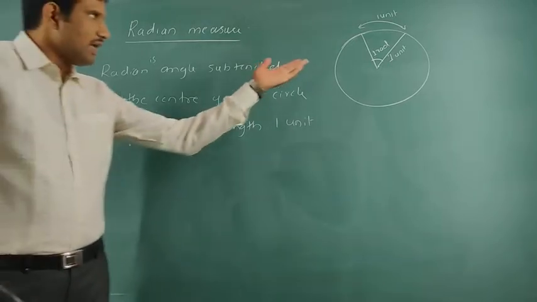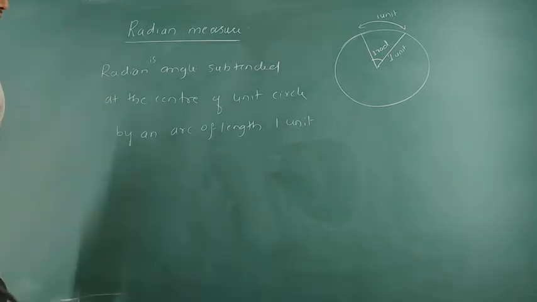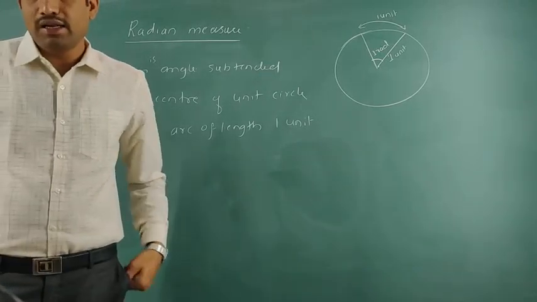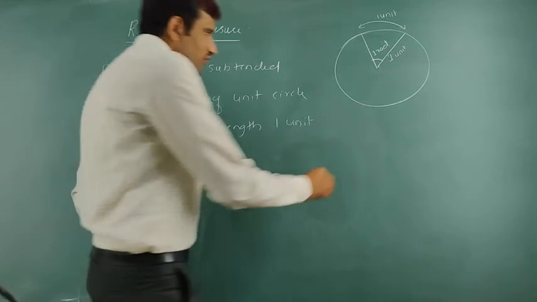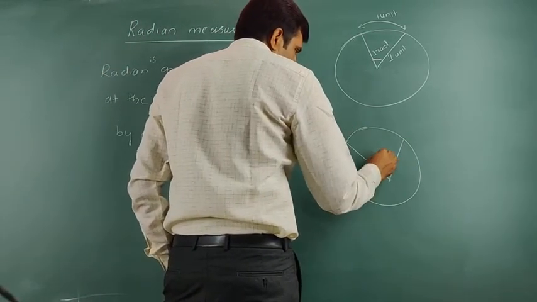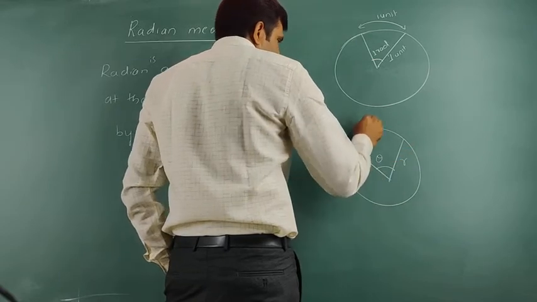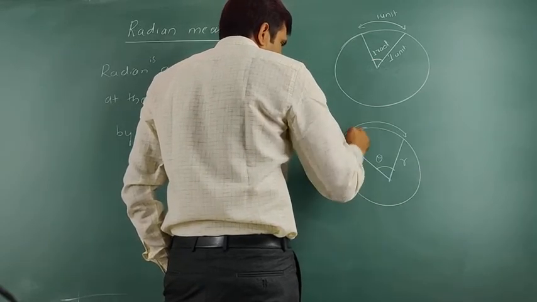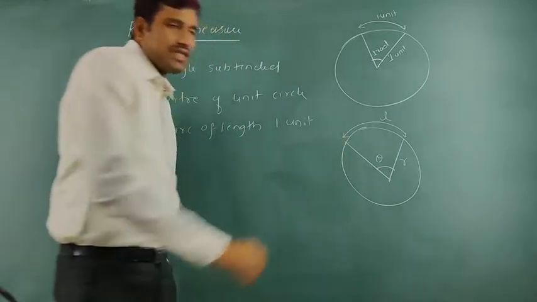Suppose the radius is not 1 unit, and the arc length is not 1 unit, then how do we find the angle in radians? This is an arc and this is theta, this is the radius and this is an arc of length L. In general, how to find this angle theta?